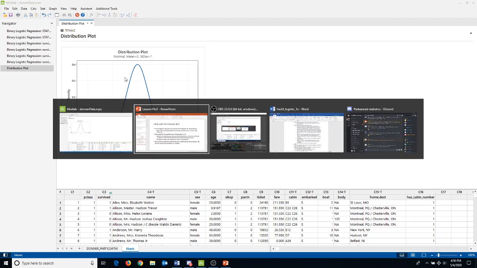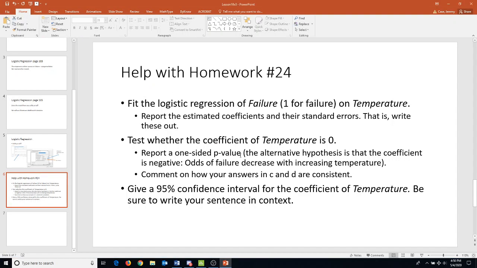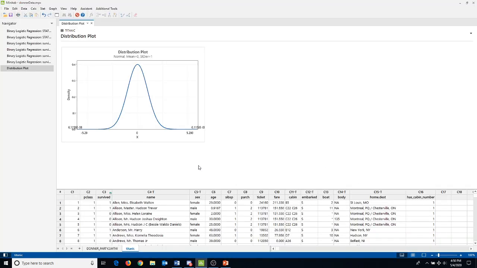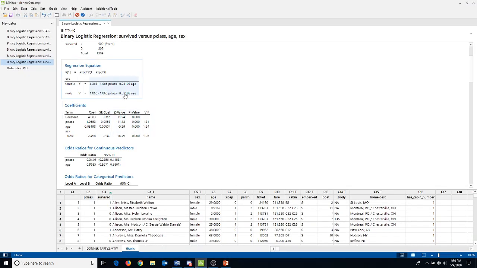So we would reject the null hypothesis. Since that result was negative, that beta is negative, which means it would be decreasing. So the more you go up in passenger class, the less likely that you would survive.